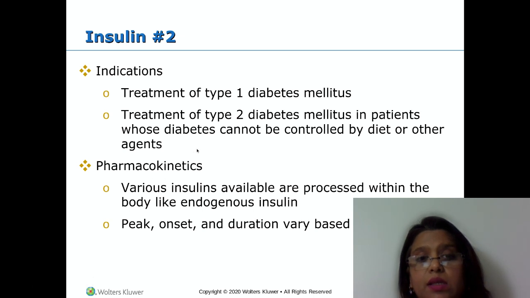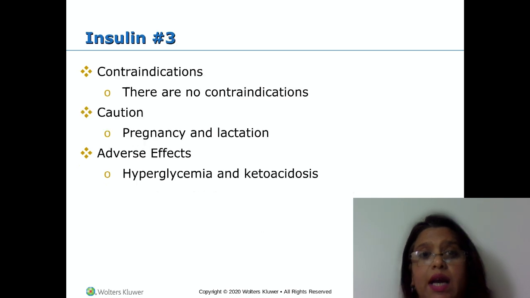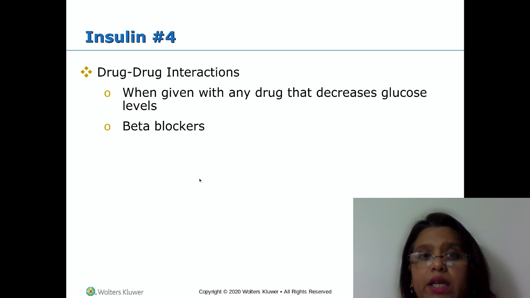So synthetic insulins. Various insulins are available in processing, so there are different kinds of insulins available. When do you not give them? Not necessarily any contraindications. We want to make sure we check patients' blood sugar levels before we give insulin, pregnancy, lactation, and we check for sugar levels. They should not have severely high blood sugars or any ketoacidosis.